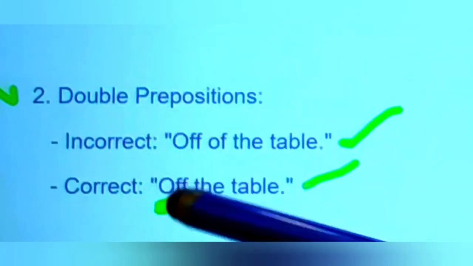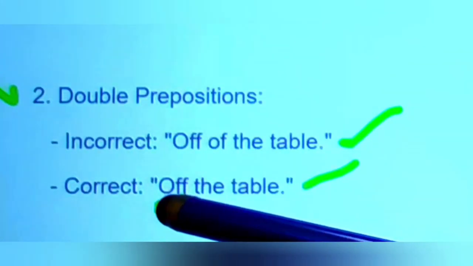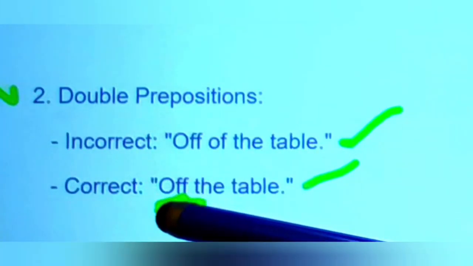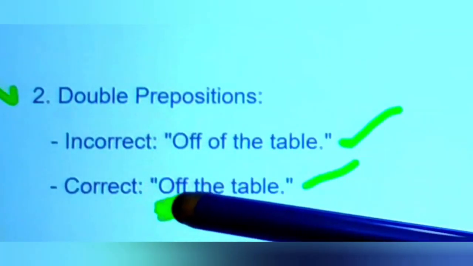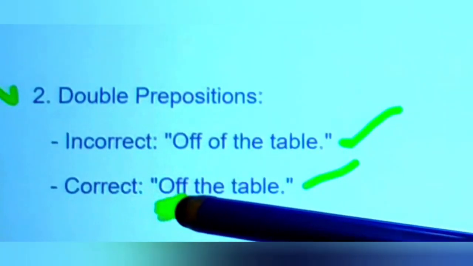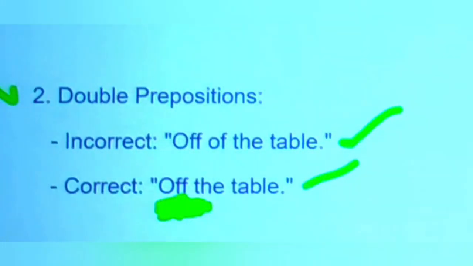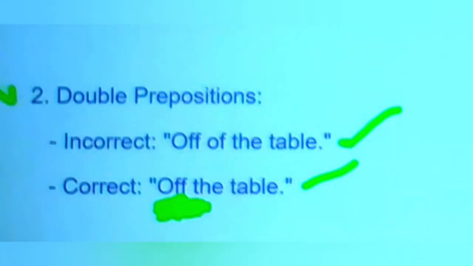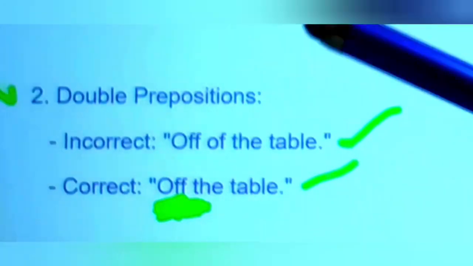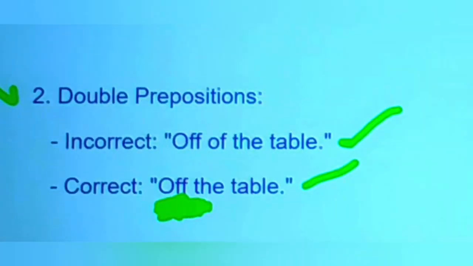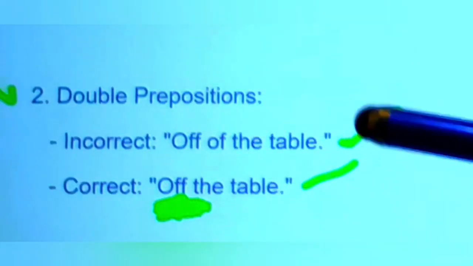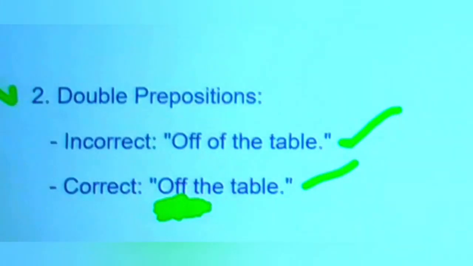The correct one is just a single preposition, of the table. It means not on the table. This describes the correct form of the sentence here. So the second mistake we mostly make is using a double preposition in a sentence. We have to avoid double prepositions.